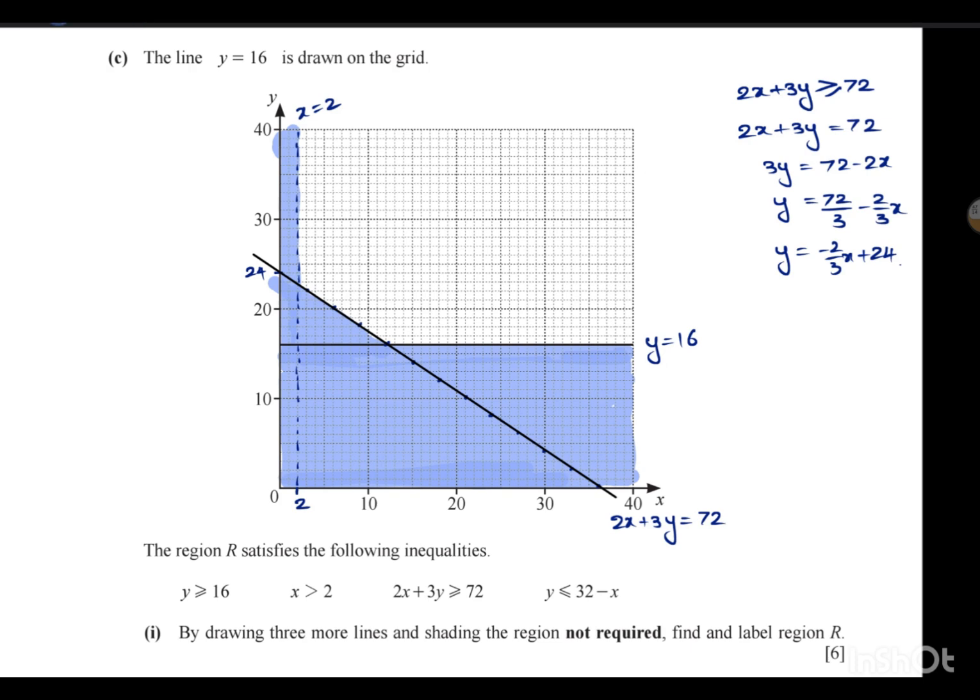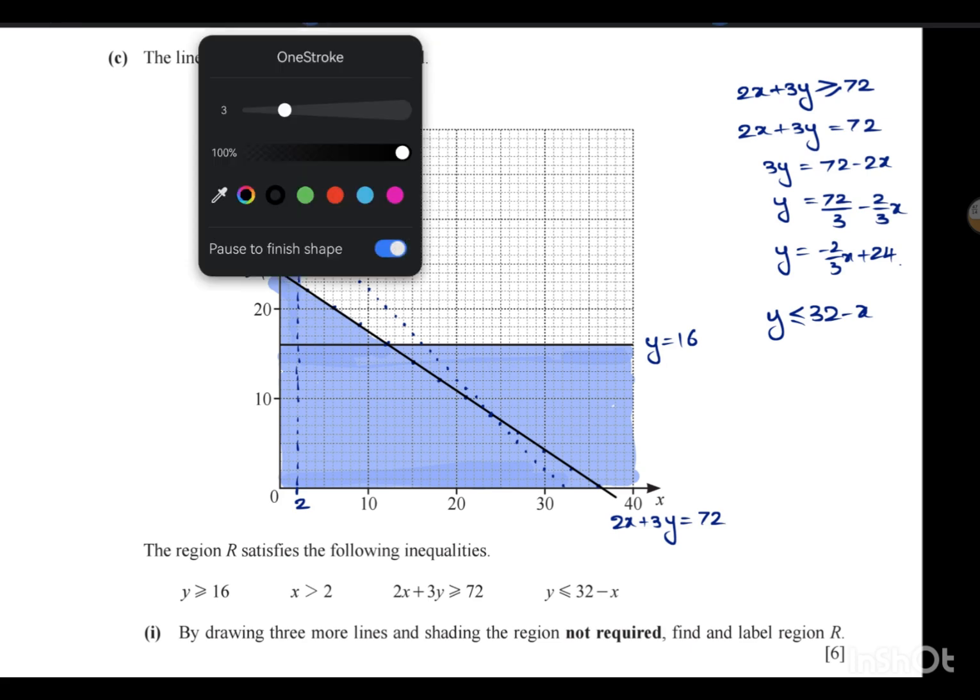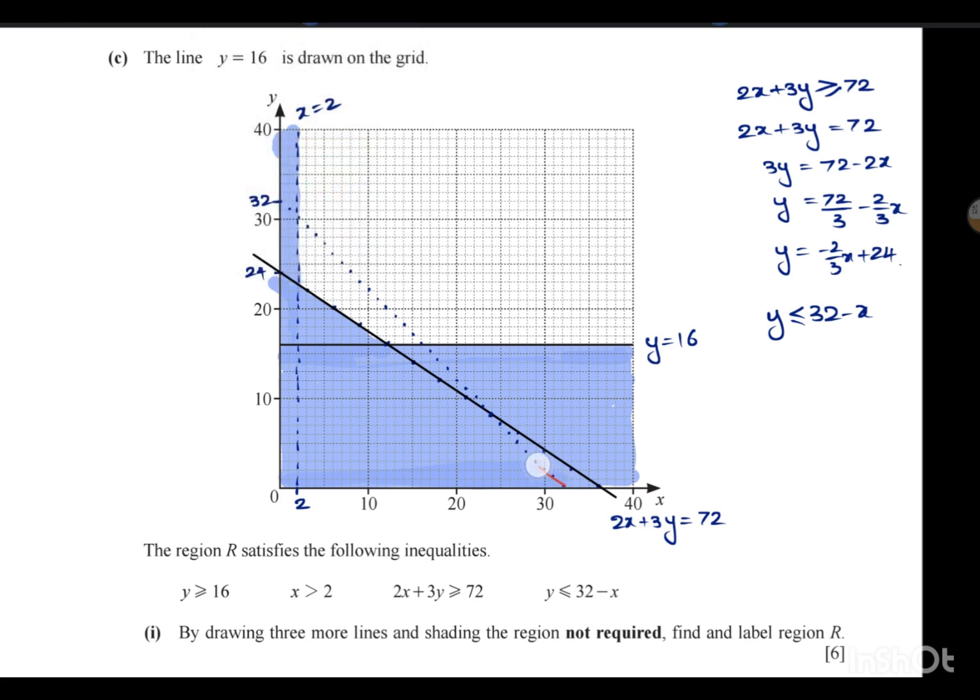Next equation, y less than or equal to 32 minus x. Here the y-intercept is 32 and the gradient is minus 1 by 1. So 32 will be here, 31, 32, this is 32. From here we take 1 box down, 1 box right, 1 box down, 1 box right. Use your ruler again and make a line.